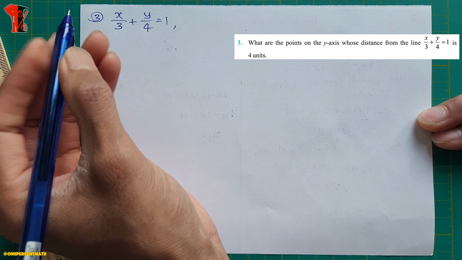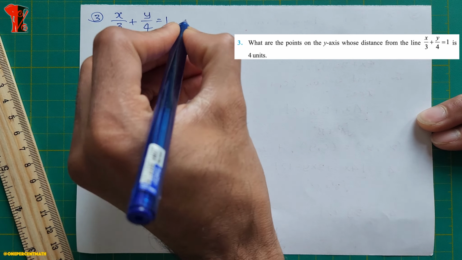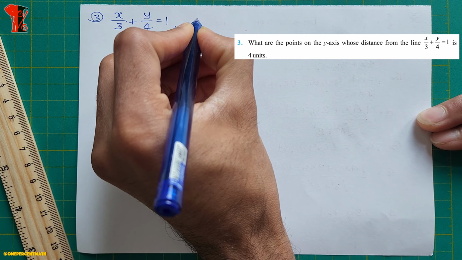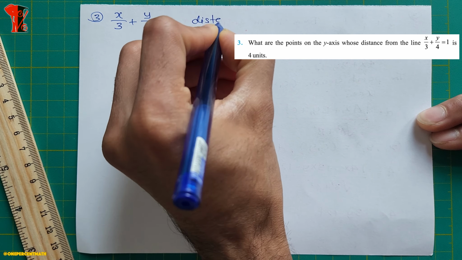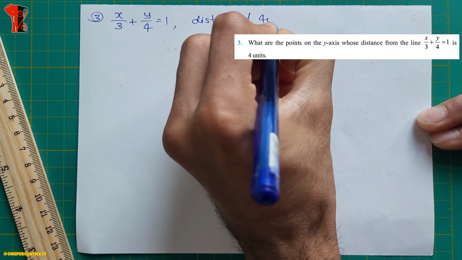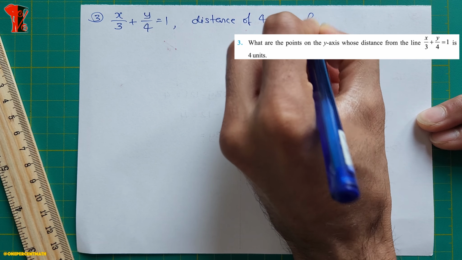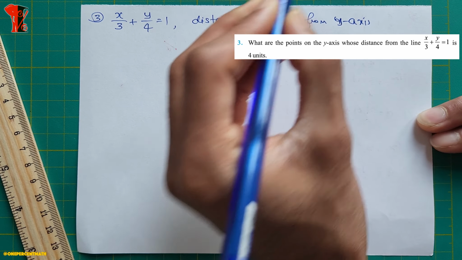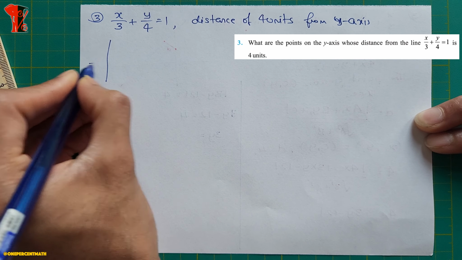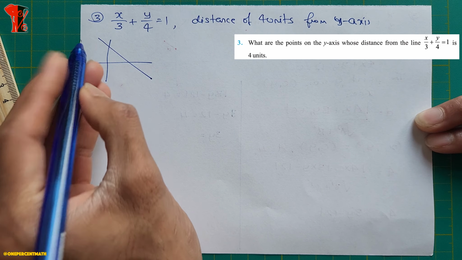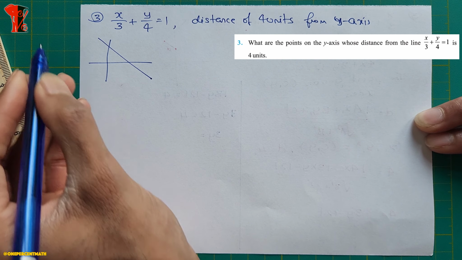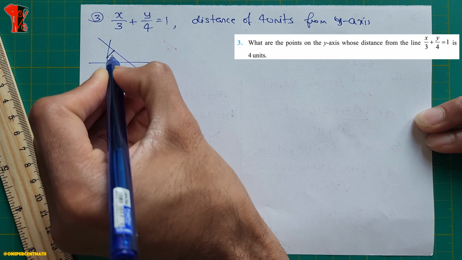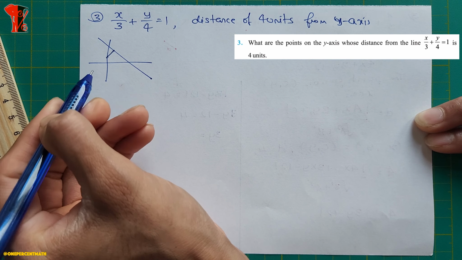They want us to find the points on the y-axis which are at a distance of 4 units from the line. So in case I draw a rough diagram like this, this is going to be the line, and we need to find all the possible points which are 4 units away from the line. That's what we need to find.